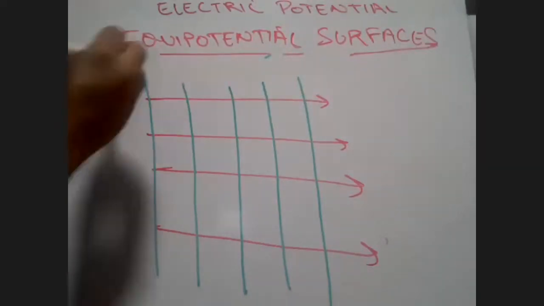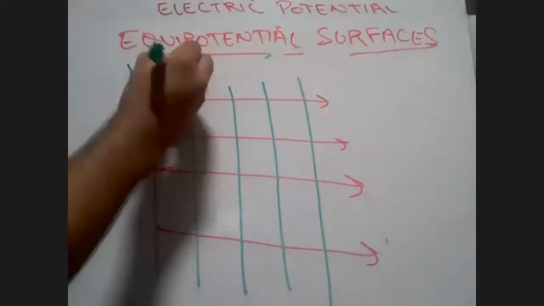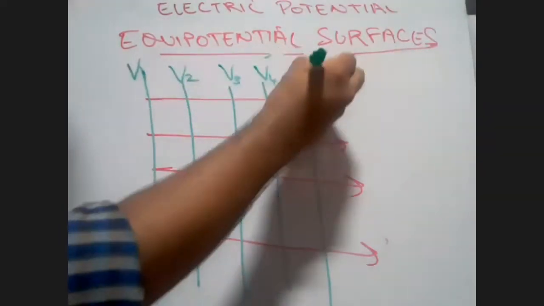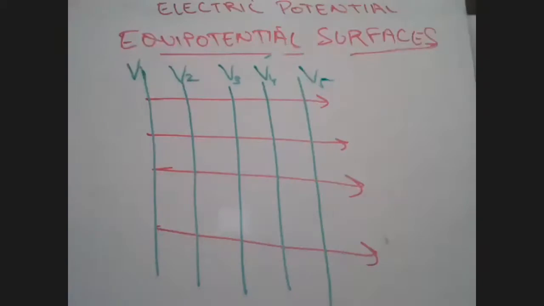I say this is V1, this is V2, this is V3, this is V4, and this is V5. Tell me the order of arrangement in which the potential is.